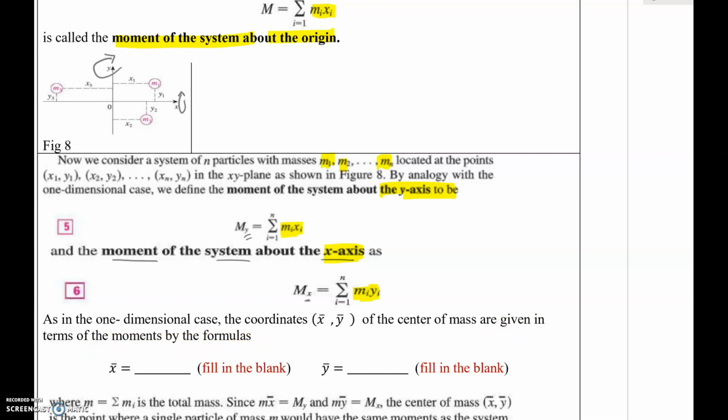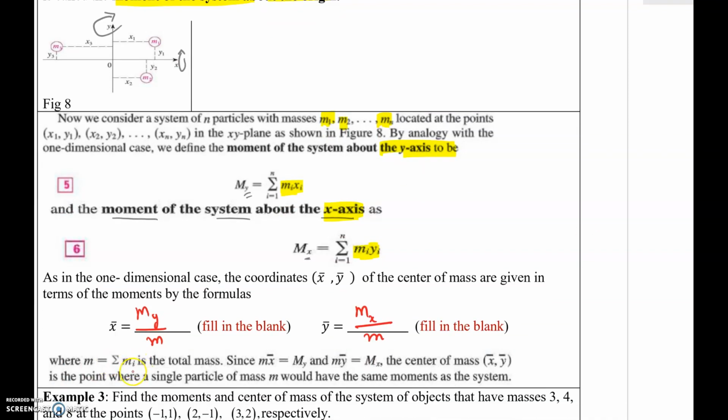X bar is My, the moment about the y-axis, divided by the total mass, and y bar is Mx, the moment about the x-axis, divided by the total mass, where M is the total mass, sigma mi. My stands for the moment about the y-axis, sigma mi xi, and Mx is the moment about the x-axis, sigma mi yi.